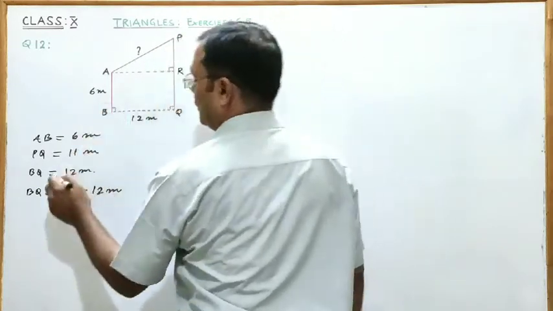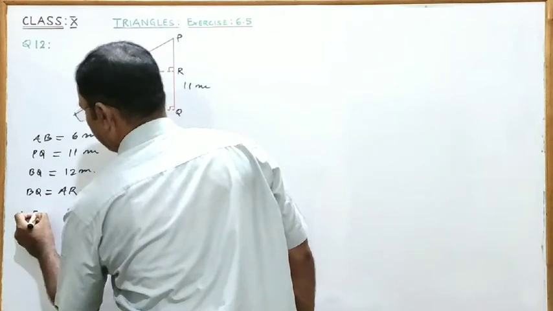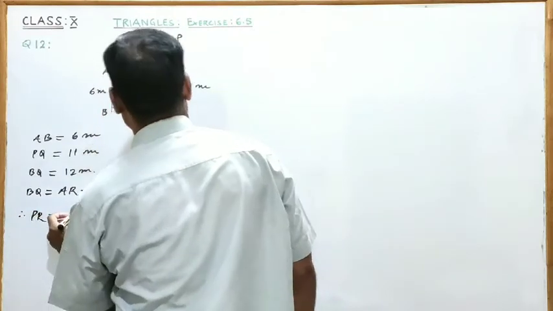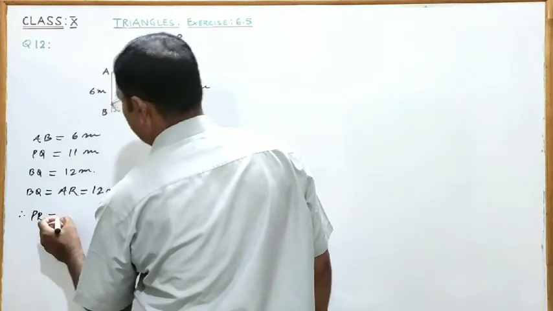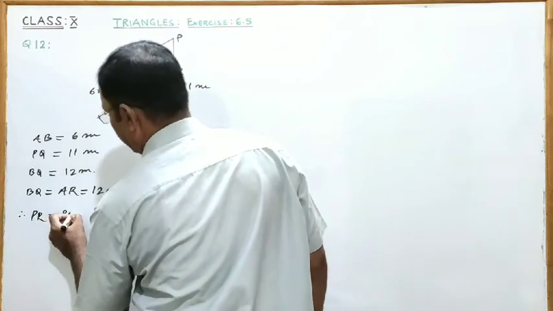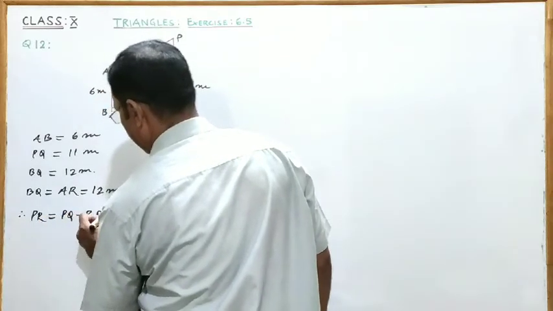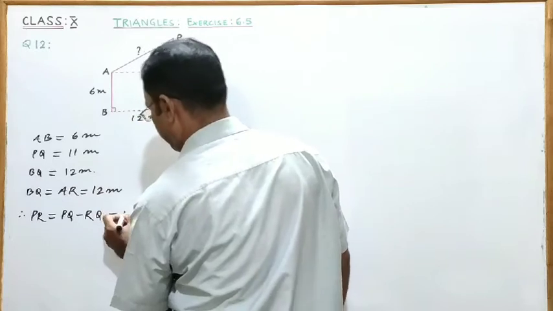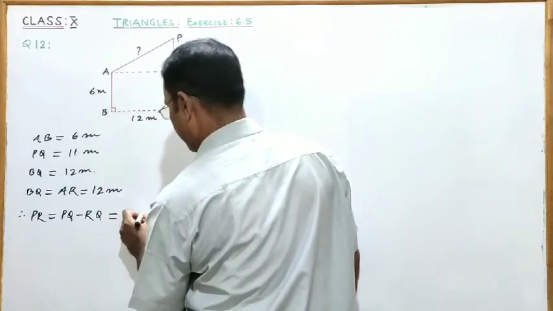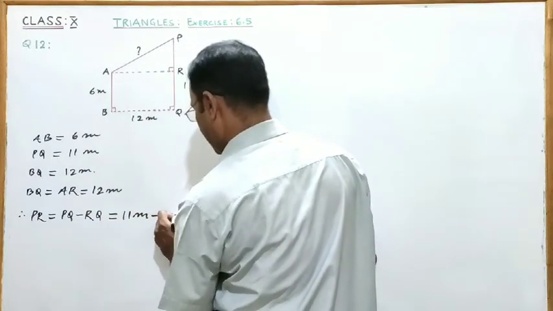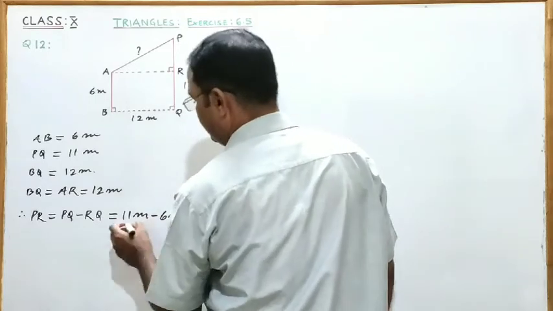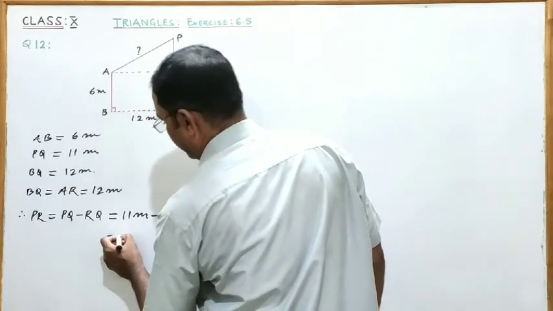So therefore PR will be equal to PQ minus RQ, which will be 11 meter minus 6 meter equal to 5 meter.